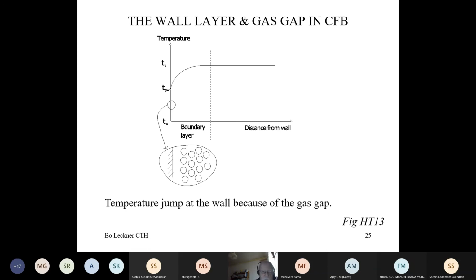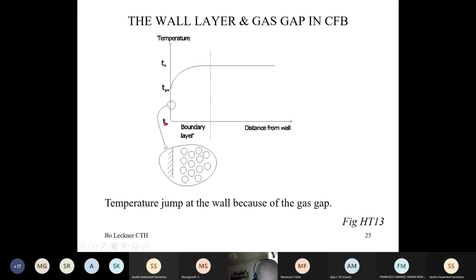This is another way of looking at it in a linear scale, and this is the wall temperature here, and this is close to the wall. Anyway, this is the bed temperature in the core, and then this is the fall of temperature in the boundary layer, and then very close to the wall there is a steeper fall.